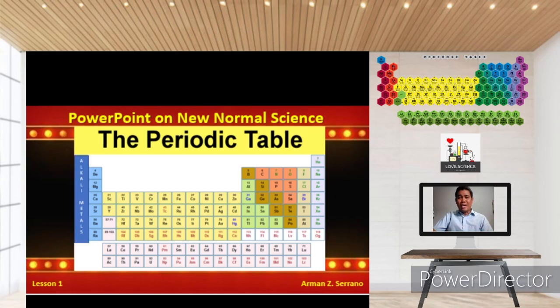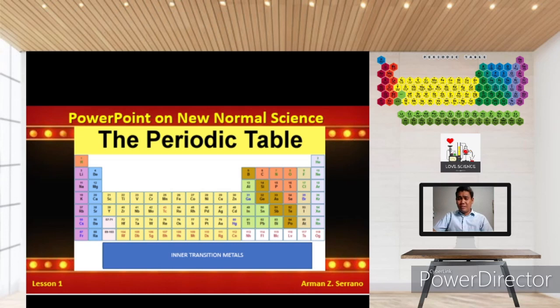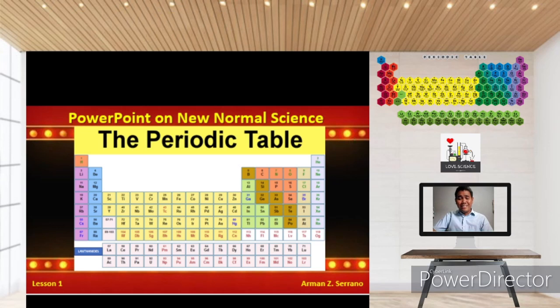We have alkali metals, alkaline earth metals, boron family, carbon family, nitrogen family, chalcogen family, halogen family, noble gases, transition metals, the inner transition metals, and the two main groups in the inner transition: lanthanides and actinides.